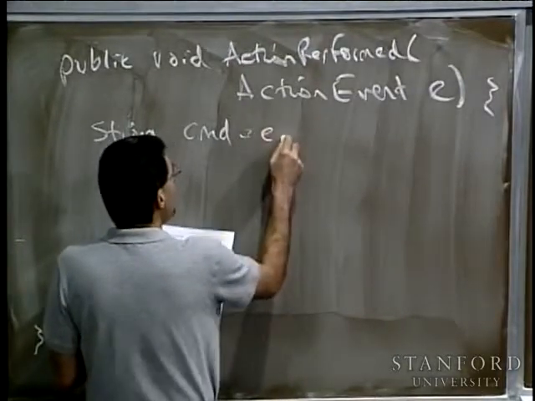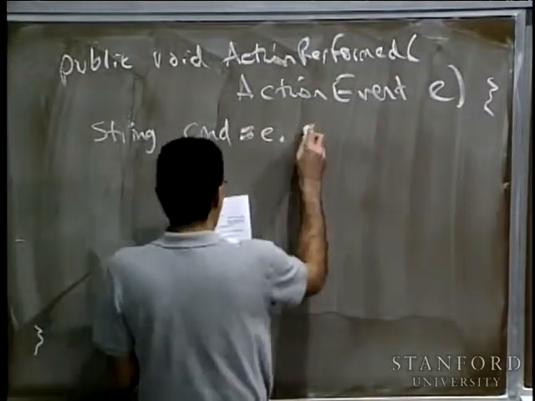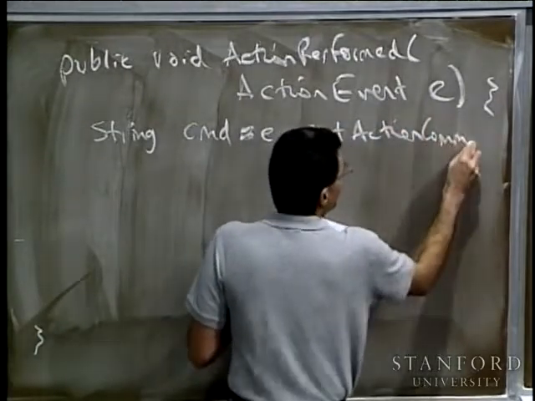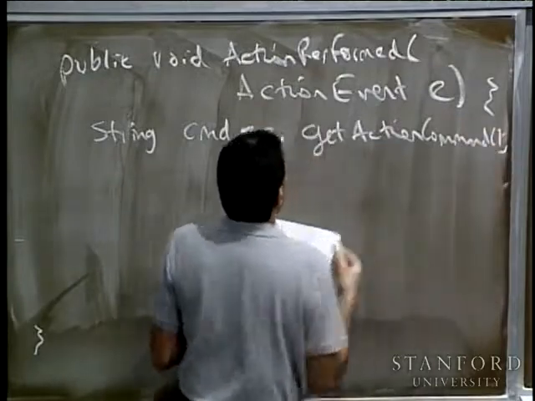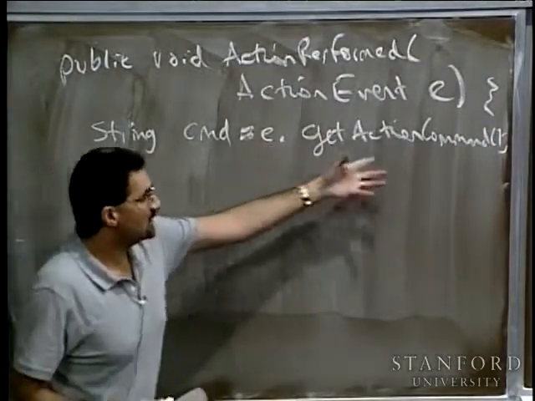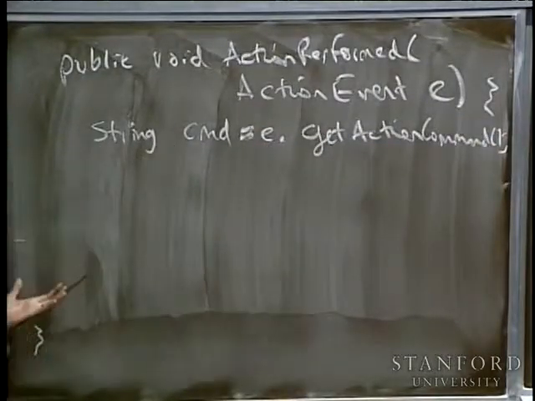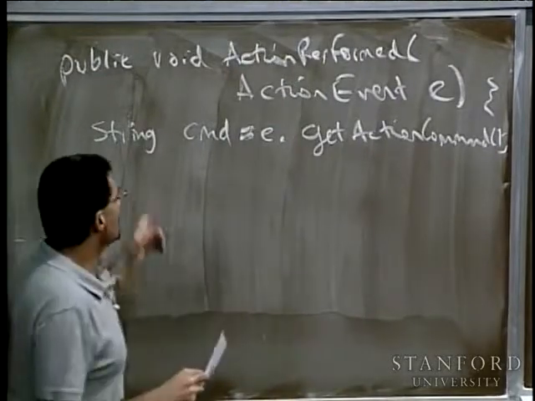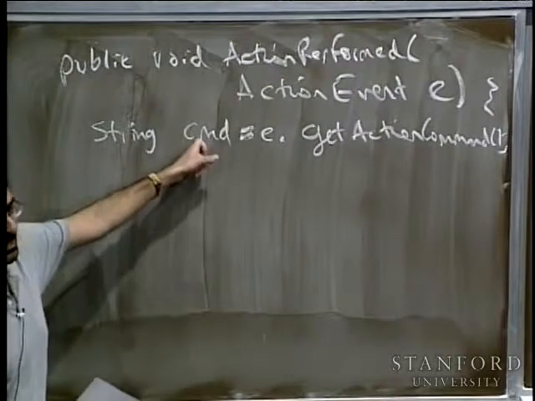So here I would say String cmd equals e.getActionCommand. And what getActionCommand does is just a method of this action event that returns to you the name of the interactor as a string, and button names are basically just whatever displays on the button. So then I can have some ifs in here based on this command.